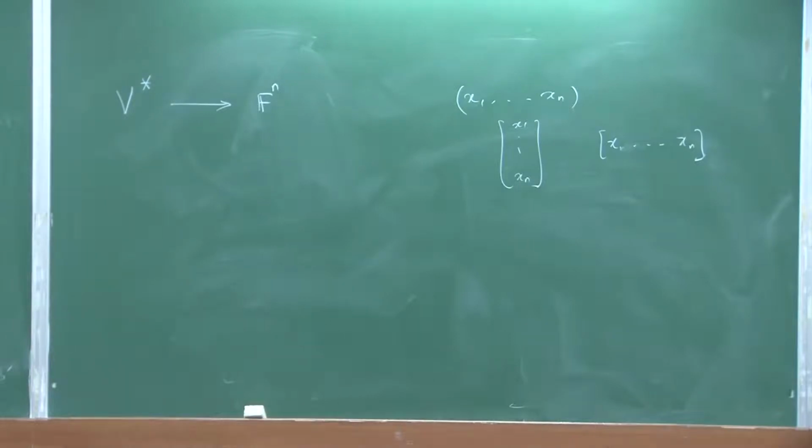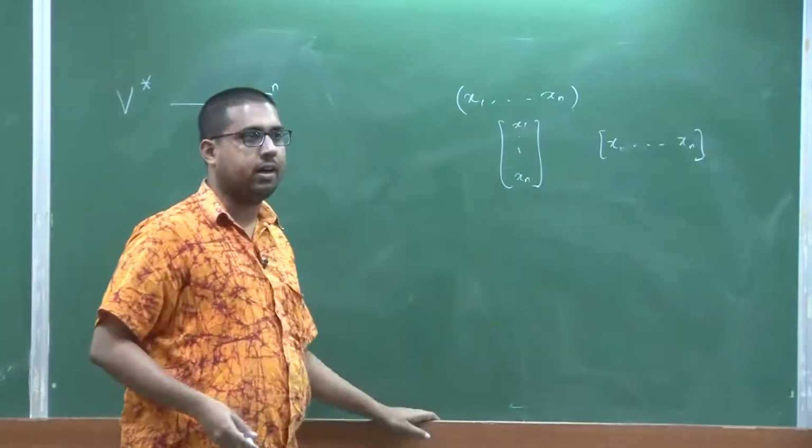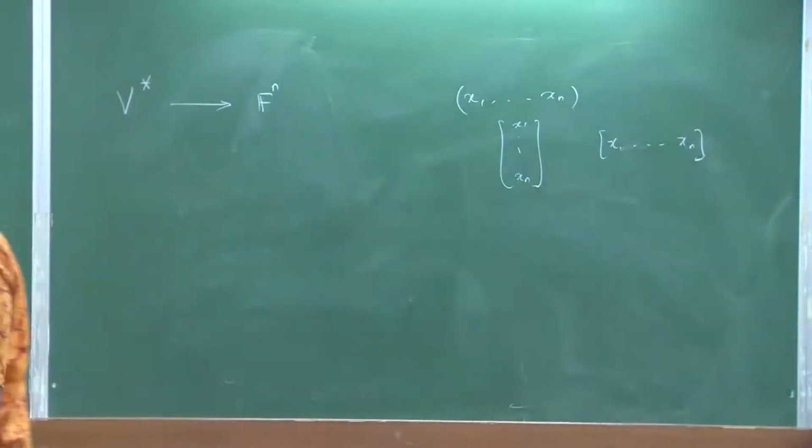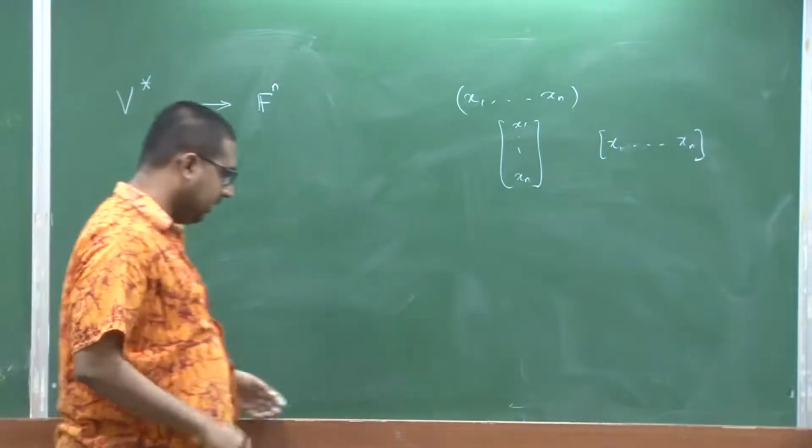Identifying each and every row matrix with the corresponding n-tuple, F to the 1 cross n and Fn are very naturally isomorphic. A row matrix is being sent to that tuple, and so at the level of vector space nothing is happening.